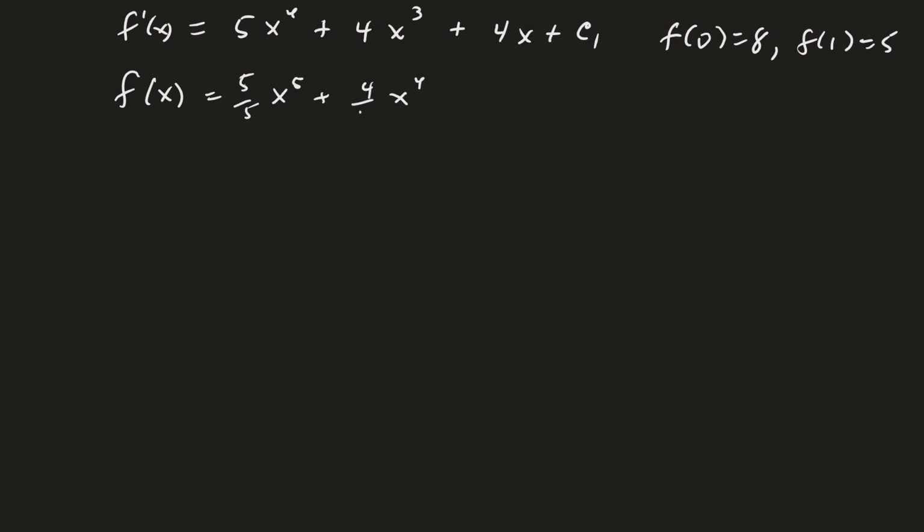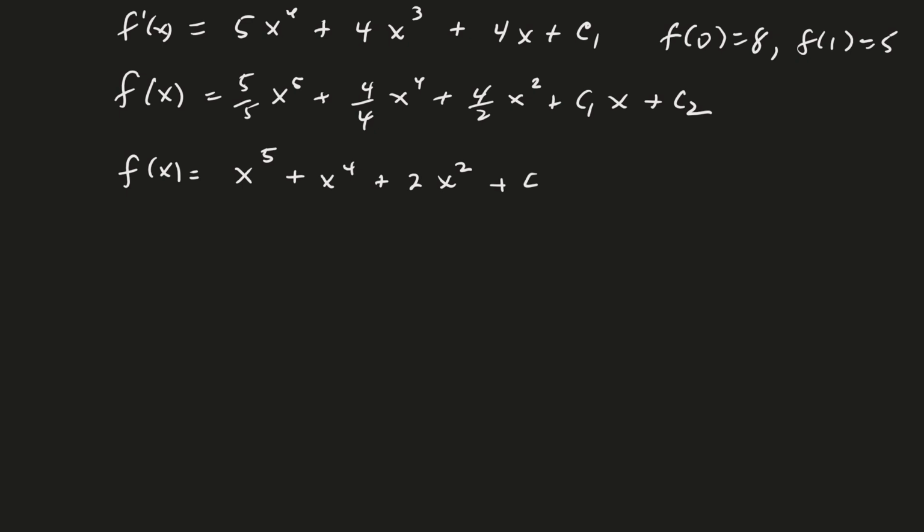Oh, that one's not going to cancel. Okay, there we go. So there's my antiderivative, and if I simplify that before I go any further, x to the 5th plus x to the 4th plus 2x squared plus c1x plus c2. Good. And now we plug in our two values here and see if we can solve for c1 and c2.